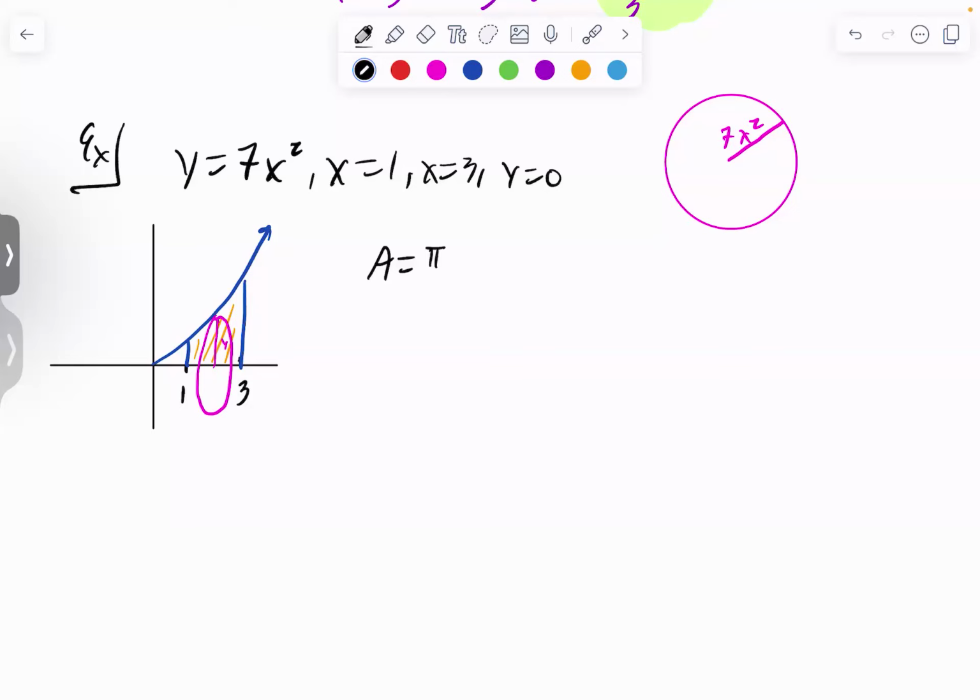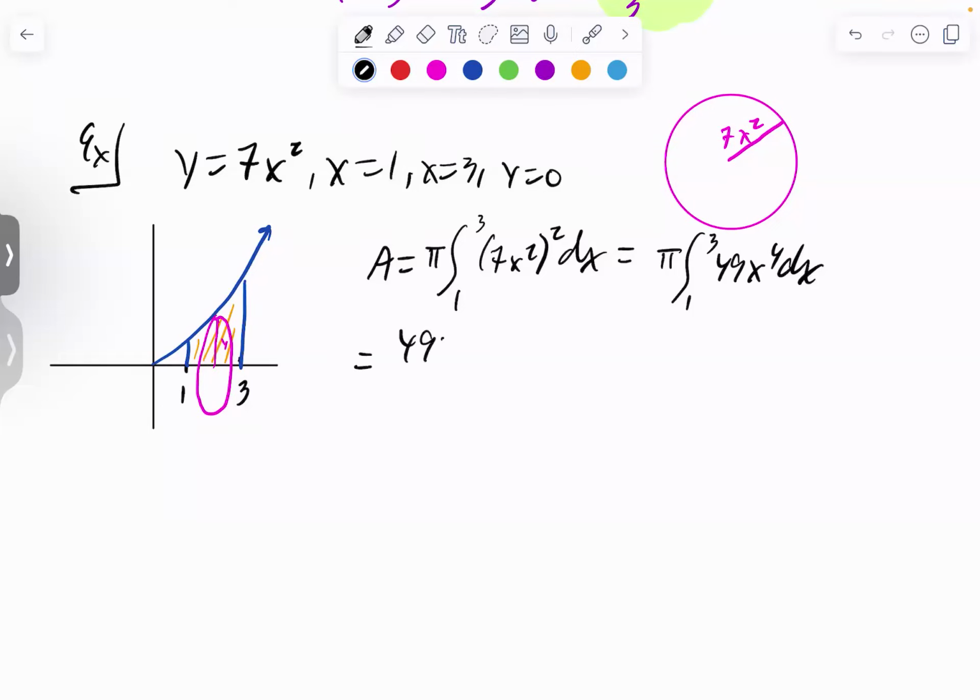I'm going to pull the pi out for the pi r squared, from 1 to 3 of 7x squared, squared dx. So there we are. I pulled the 49 out, again, because I like pulling those constants out when I can.